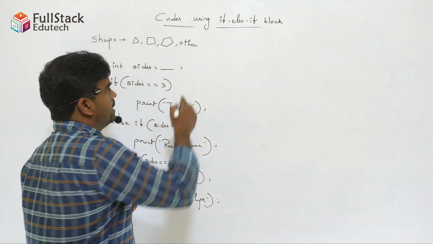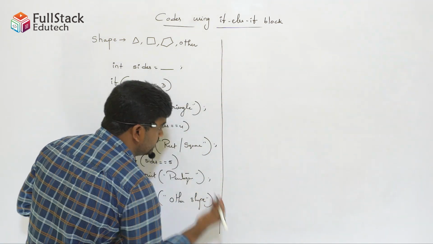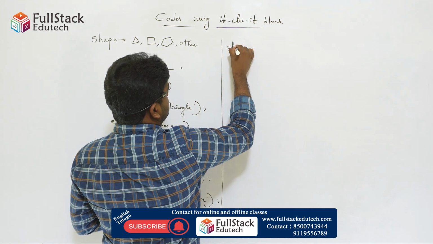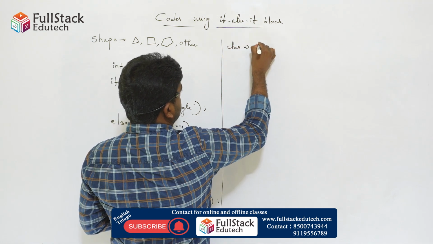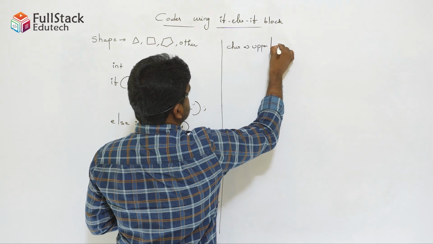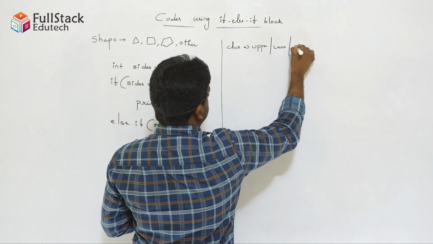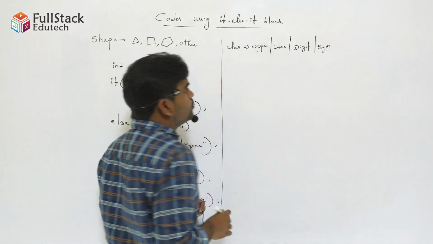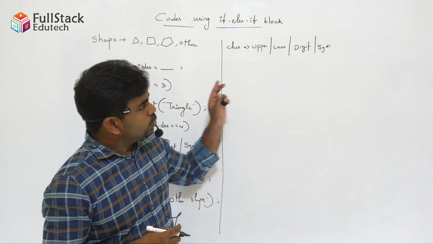One more best example I am going to explain. Here, I am checking whether the character is an uppercase alphabet, a lowercase alphabet, a digit, or a symbol. Here there are more than 2 cases, a total of 4 cases.